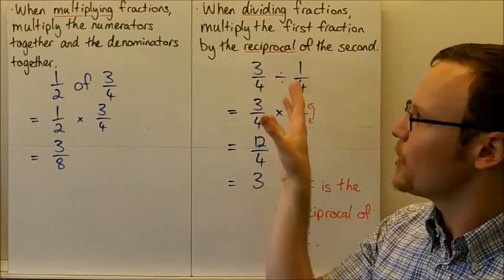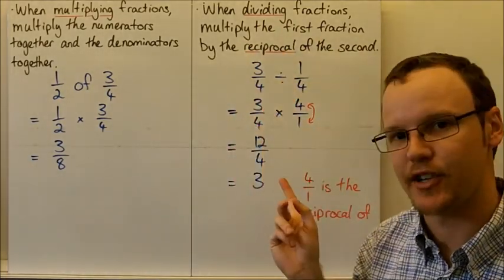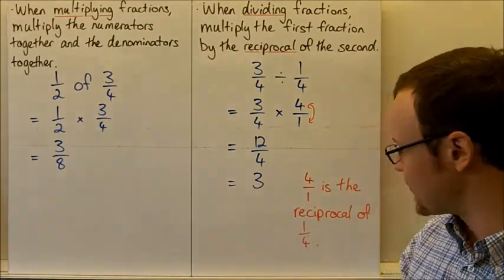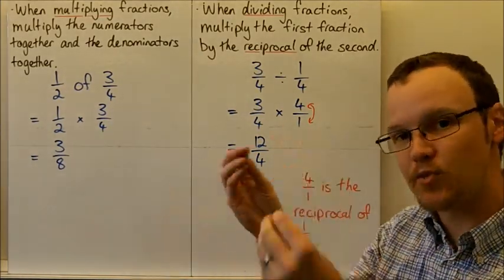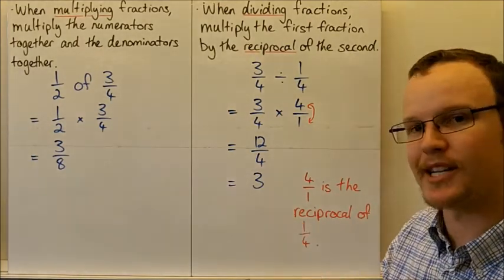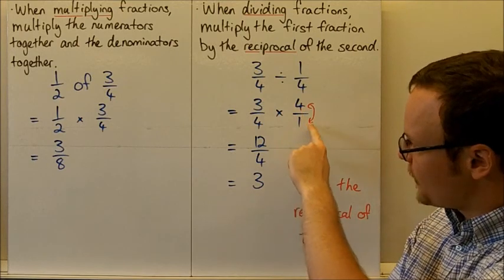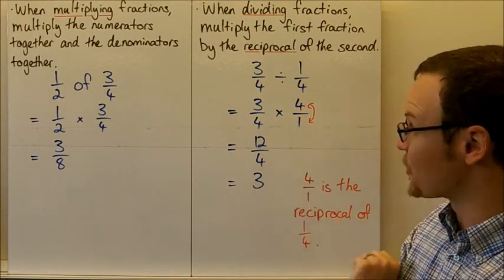We need to multiply the first fraction by the reciprocal of the second fraction. Reciprocal means we switch the numerator and denominator. So here, 4 over 1 is the reciprocal of 1/4.